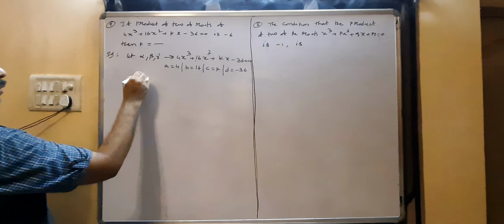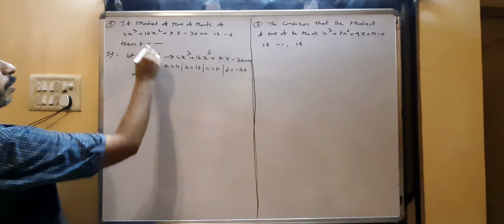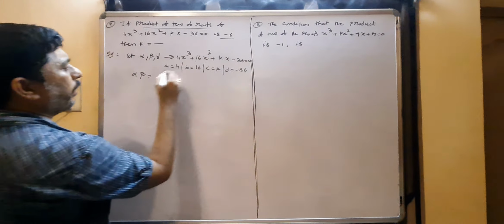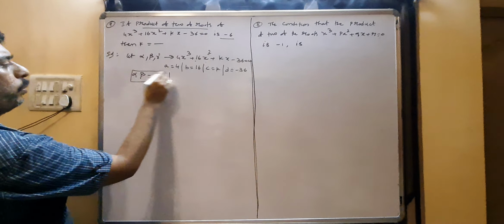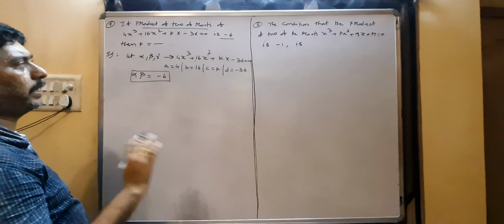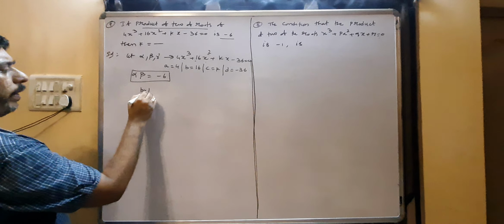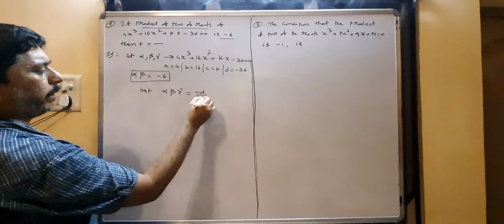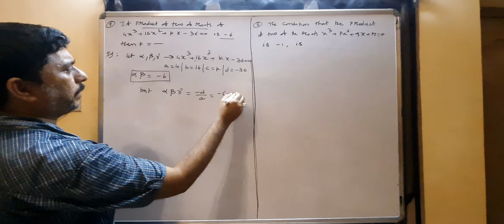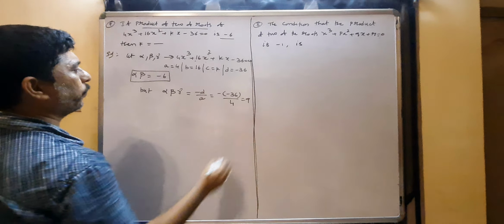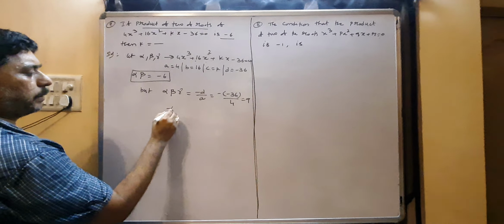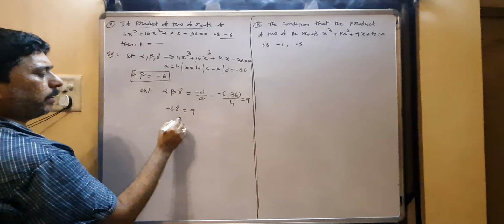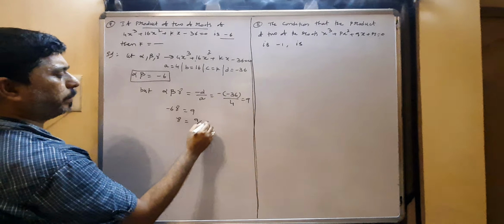Given alpha into beta, the product of two roots, is minus 6. But from the equation, the product of three roots alpha beta gamma is minus d by a, that is minus of minus 36 by 4, which is 9. Alpha beta is minus 6, so minus 6 gamma equals 9, gamma equals 9 by minus 6, that is minus 3 by 2.